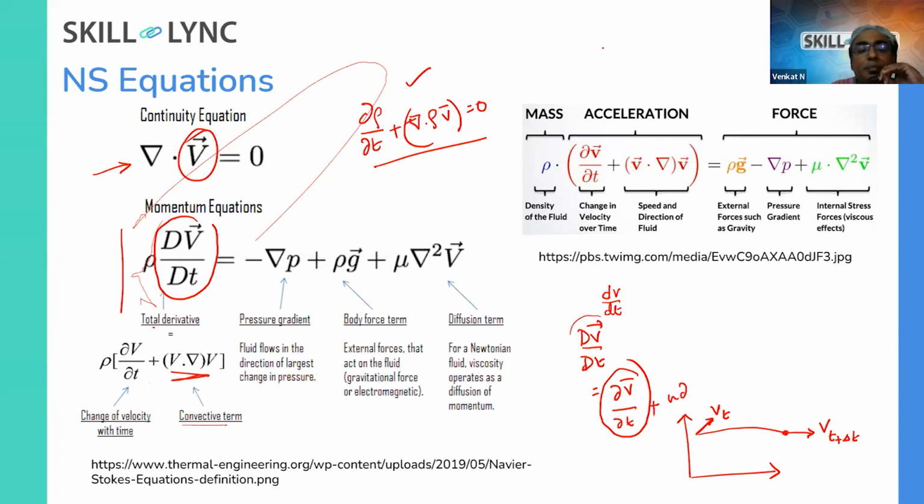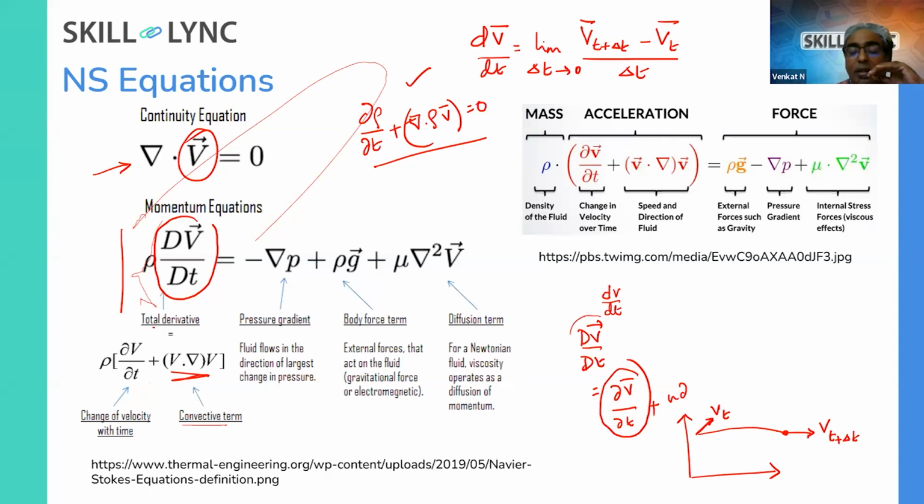Generally, dV by dt is nothing but V(t plus delta t) minus V(t), the limit as delta t tends to 0, that is the definition. So these are all mathematics, and I hope you all remember your vector calculus.